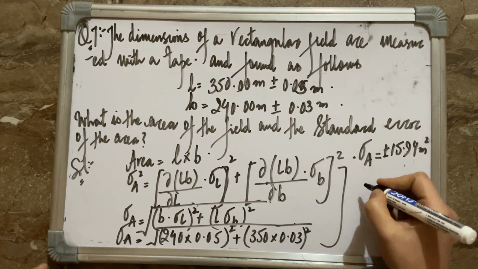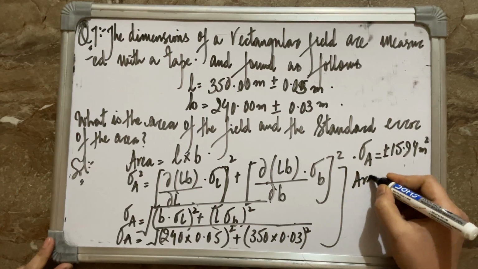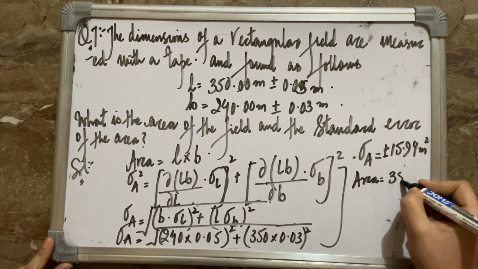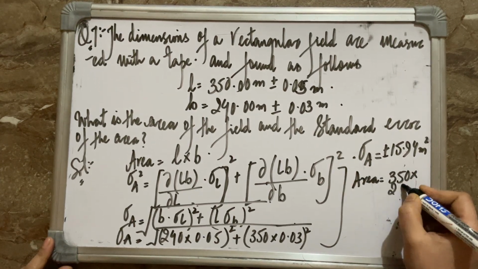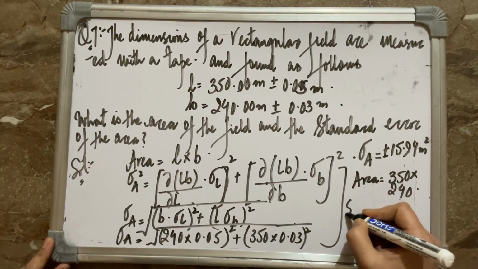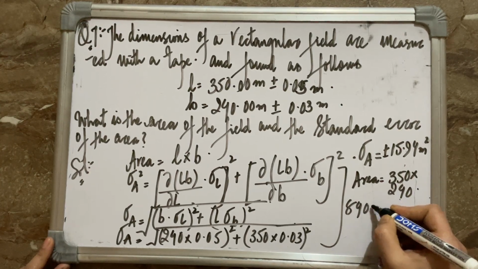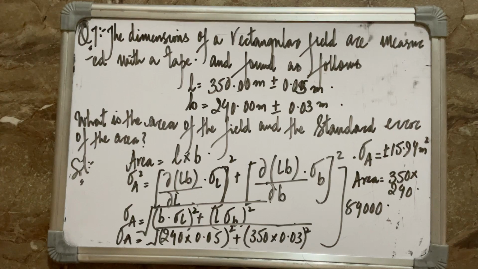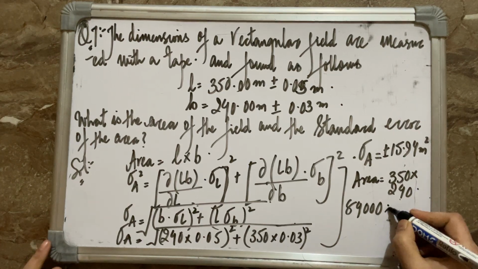And how much is the area of this field? 350 cross 240, that is 84000 meter square.